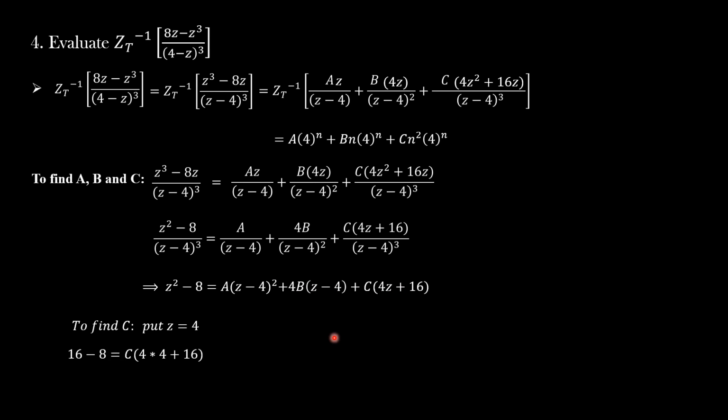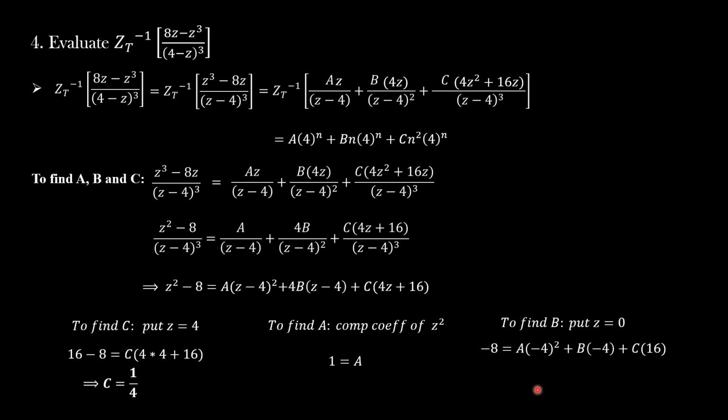so that we will get c = 1/4. To find a, compare the coefficient of z², and you will get a = 1. Similarly, to find b, put z = 0 and the b value is 7/4.